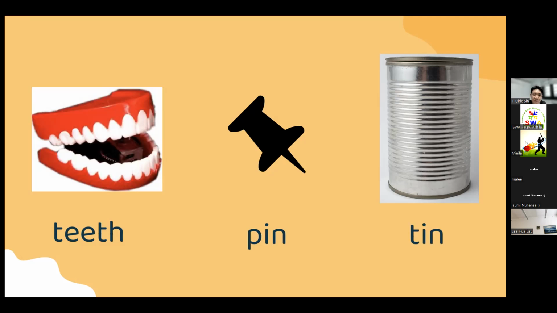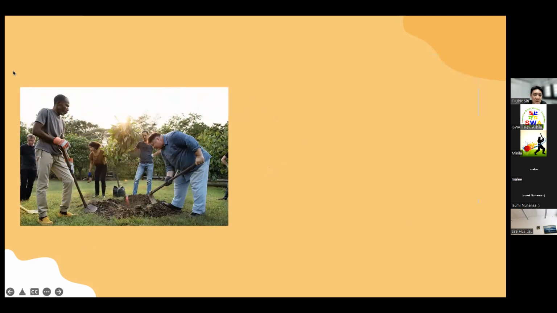Okay, you're doing very good. I think there are more pictures for you. Wait a minute. So what are these people doing? Digging. Okay, yeah. So this one, is it a short or a long I sound?